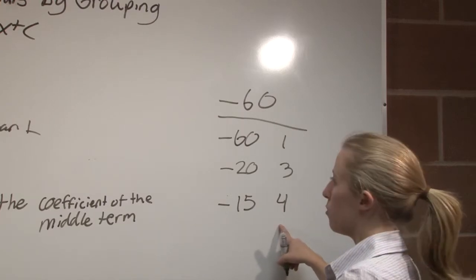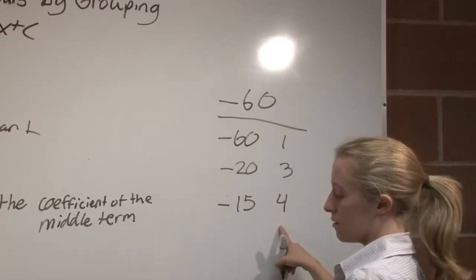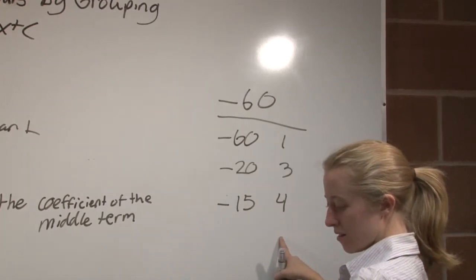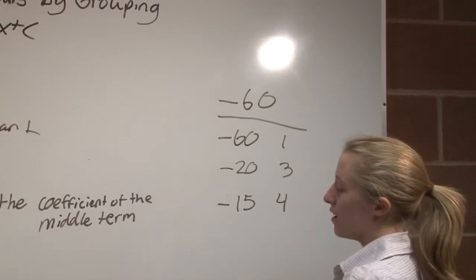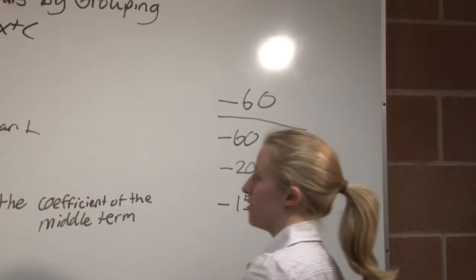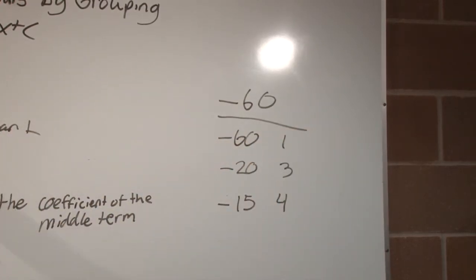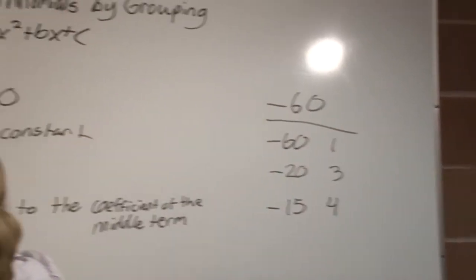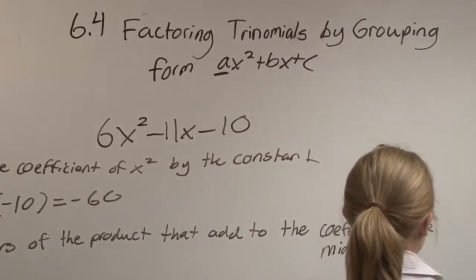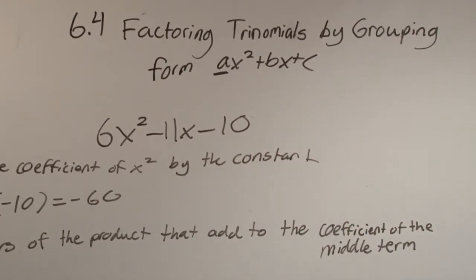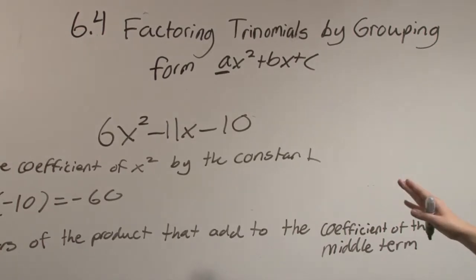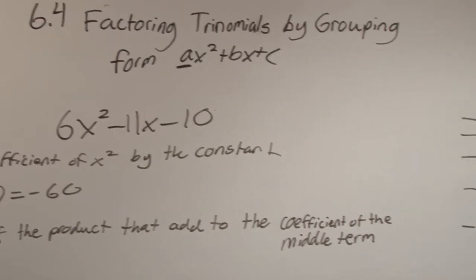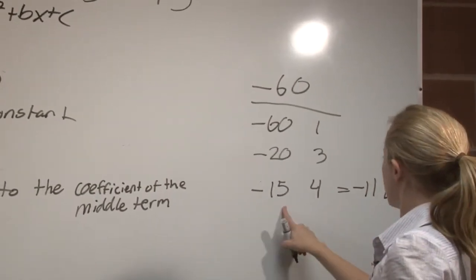Negative 15 and 4, sorry, I wrote this wrong in my notes. So what I'm going to have is factors that are adding up to negative 11. So those ones add up to negative 11.